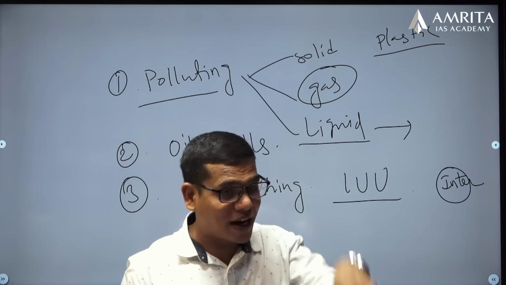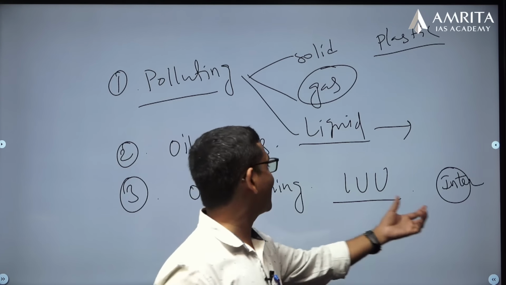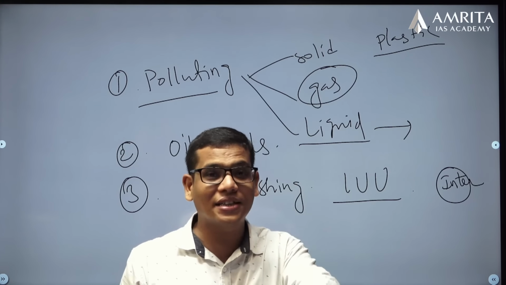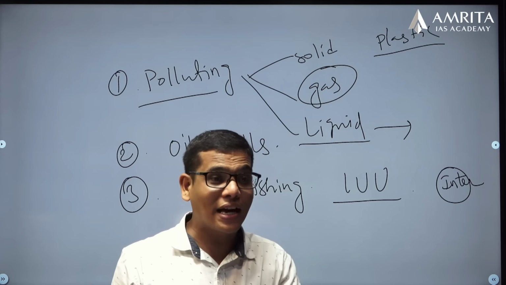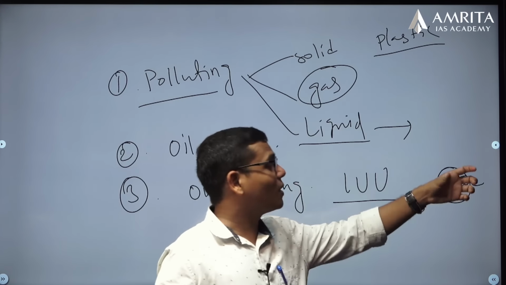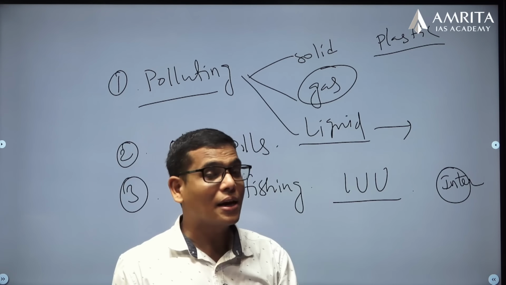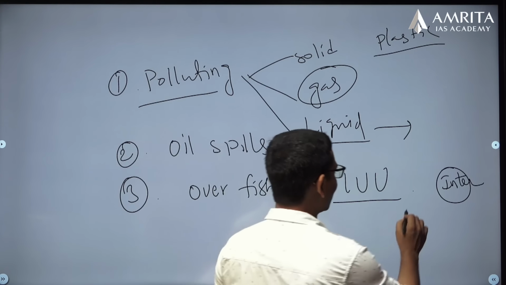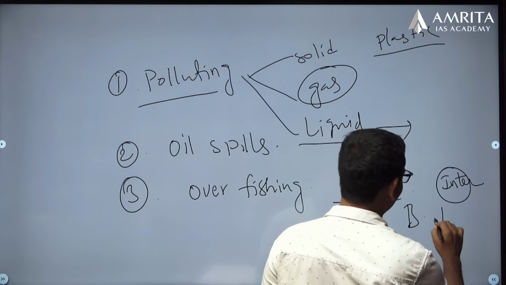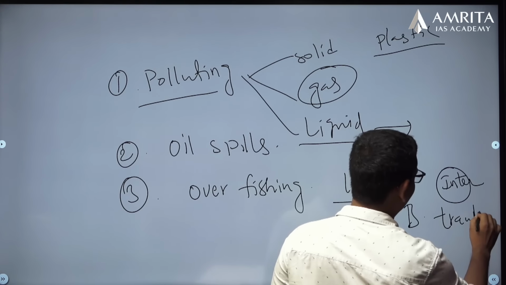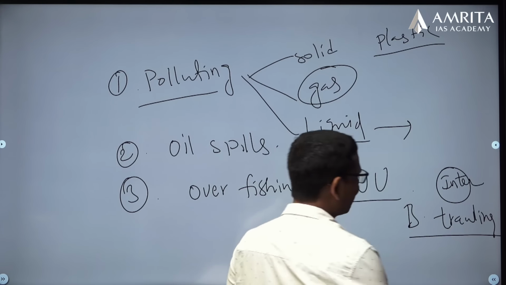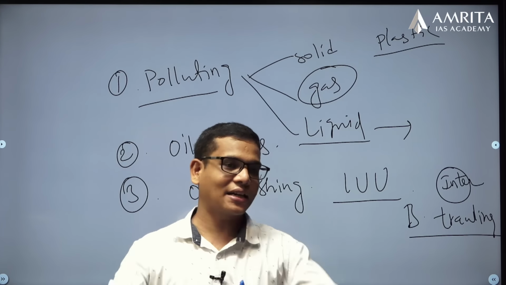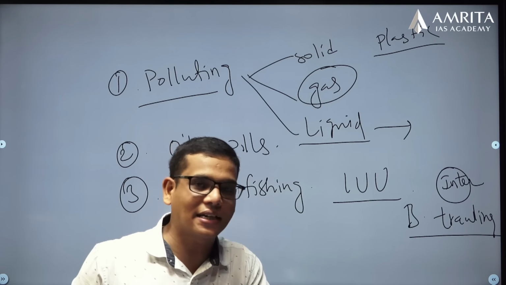That more exploitation of fish will itself create a lot of problems for the ocean, because you are not only exploiting the fishes, but you are also exploiting the other life forms in the ocean, because of the way you are trying to catch the fish: the bottom trawling technique. In bottom trawling, you are completely washing away the surface of the sea, because your nets are so big and they can catch a huge amount of fish at a time.